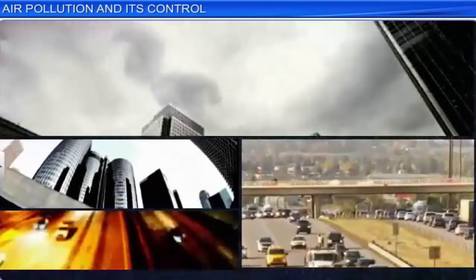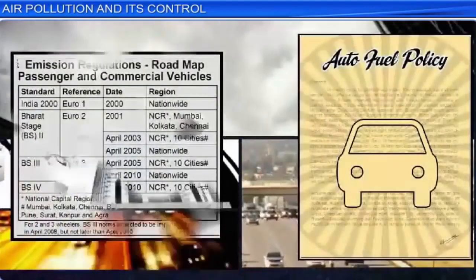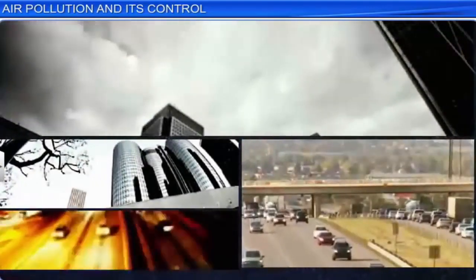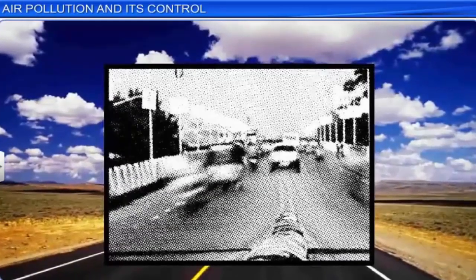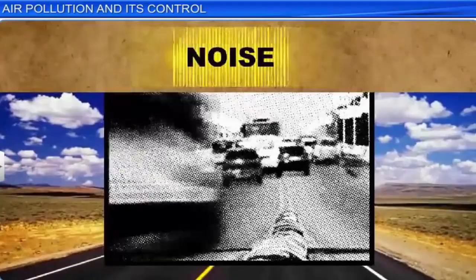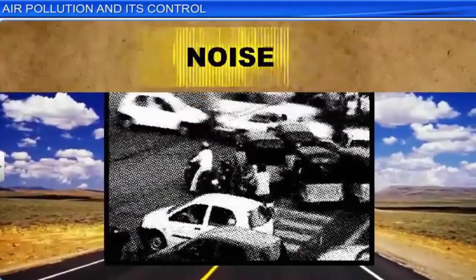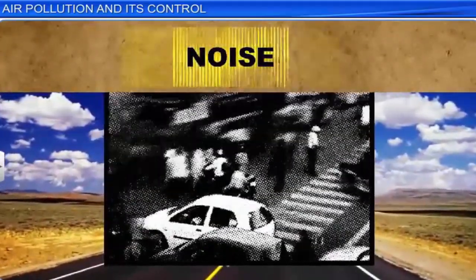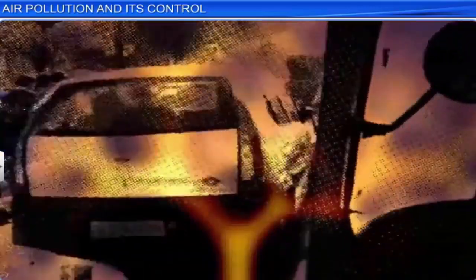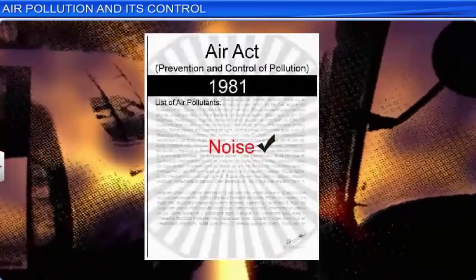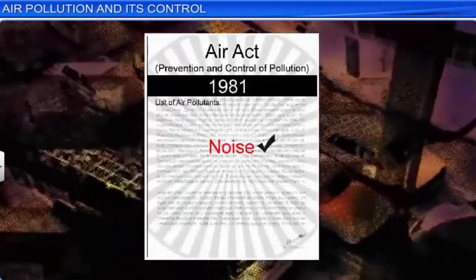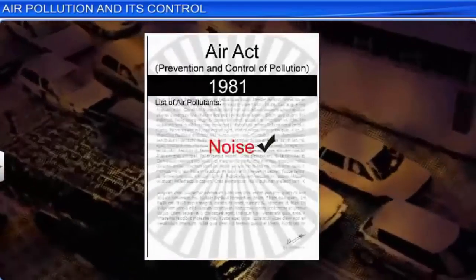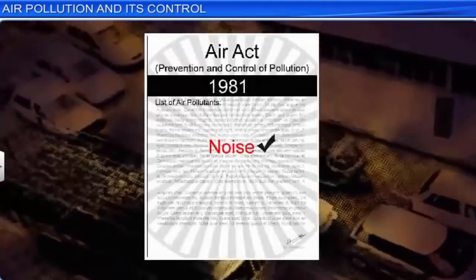The implementation of these stringent norms has considerably improved air quality. However, another air pollutant, noise, also required serious attention, and so amendments were made to the Air Prevention and Control of Pollution Act, which was implemented in India in 1981 to include noise as an air pollutant.